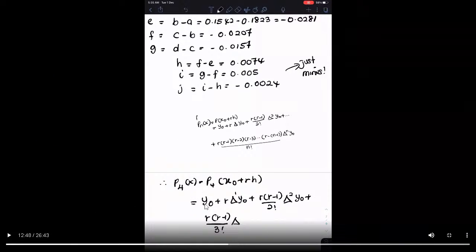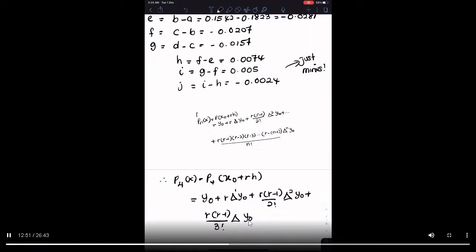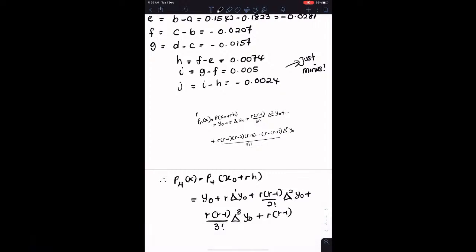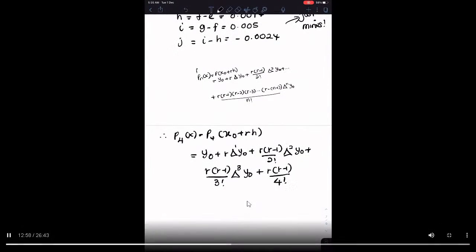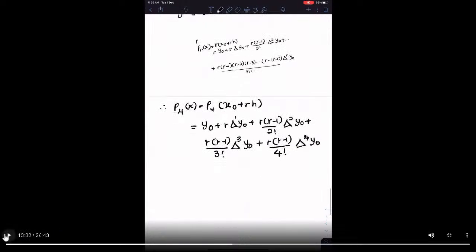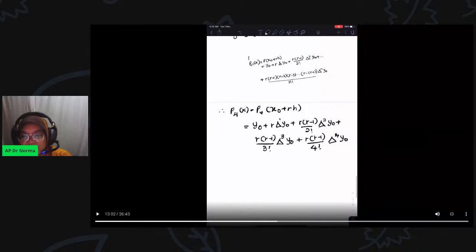So now, what is wrong? It is r minus 1 divided by 3 factorial, times r minus 2, times del 3 y naught plus. What is wrong with this formula?